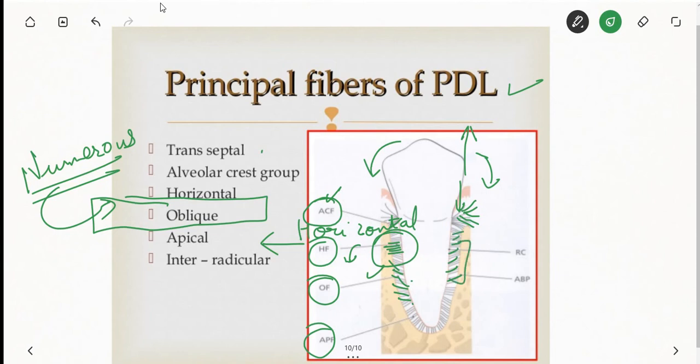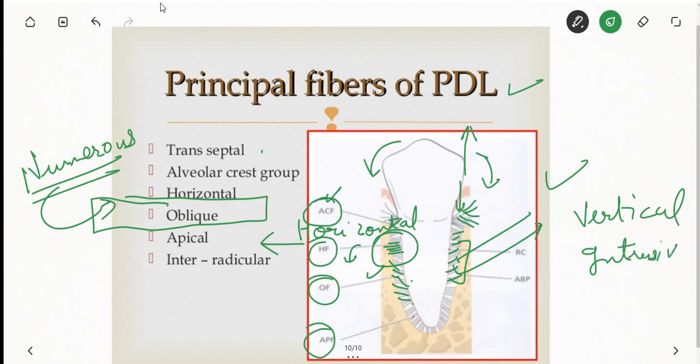These are the most numerous, as you can see in this picture. The function of these oblique fibers is to resist vertical and intrusive forces.